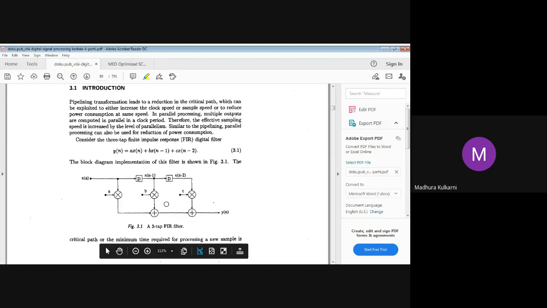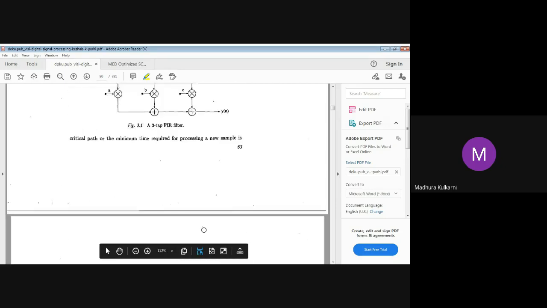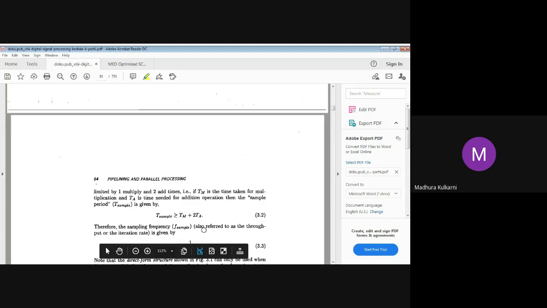So we can say that the critical path is given by Tm, that is the computation time of a multiplier, plus 2Ta, that is the computation time of an adder. So let us say the critical path is given by Tm + 2Ta.